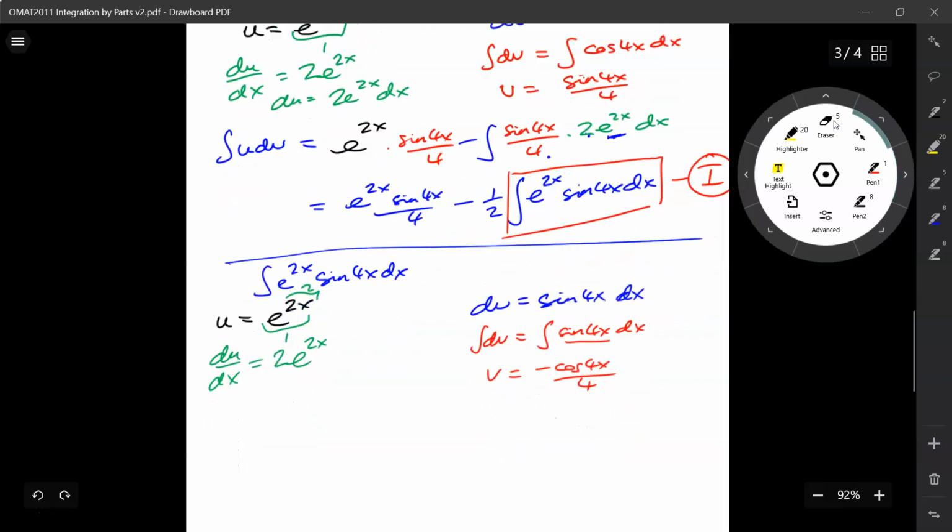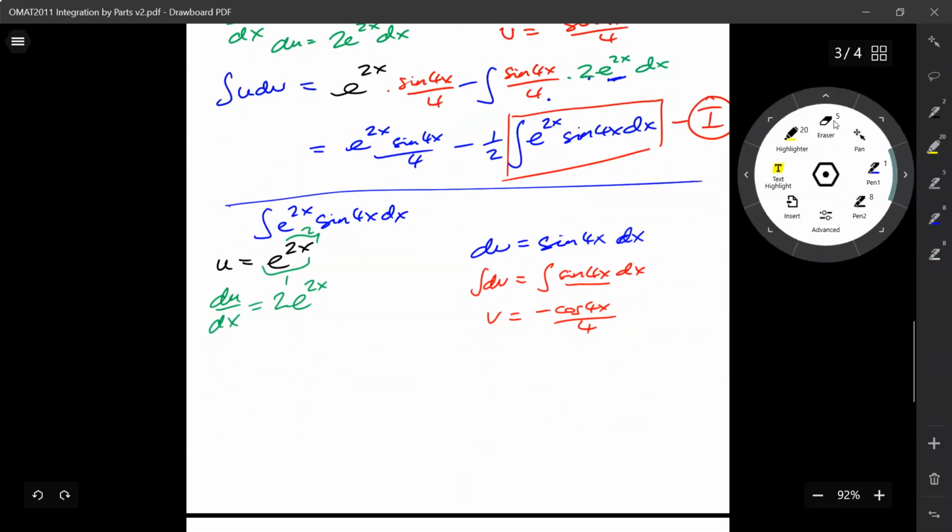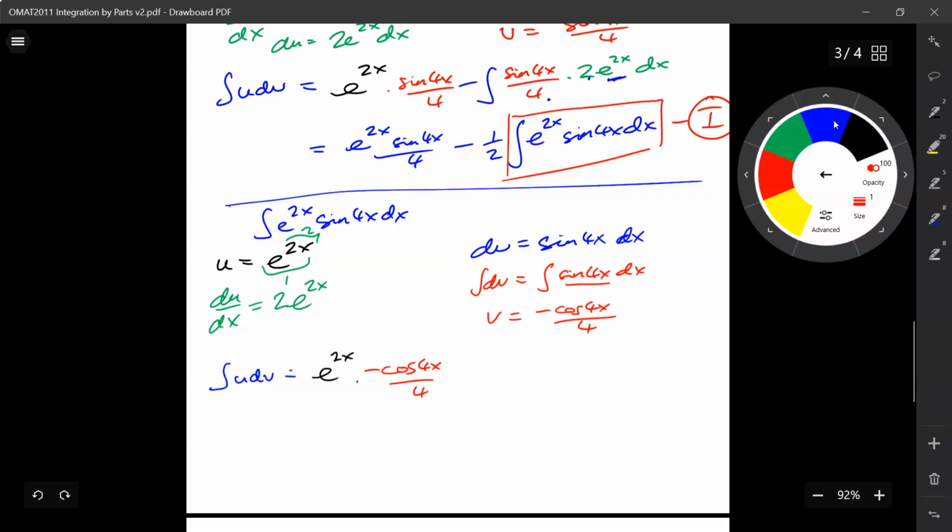So if I take those values and plug them in, u dv is equal to u, which is exponential 2x, times v, which is minus cosine 4x over 4, minus the integral of minus cosine 4x over 4, and my du is 2 times exponential 2x dx, because once again I have to bring this up.